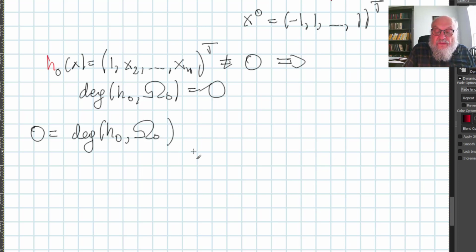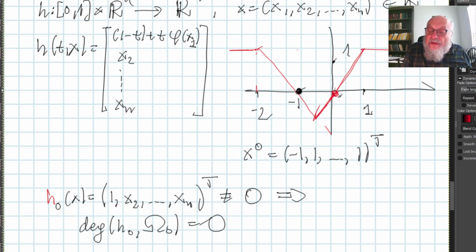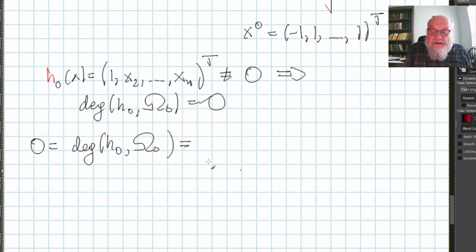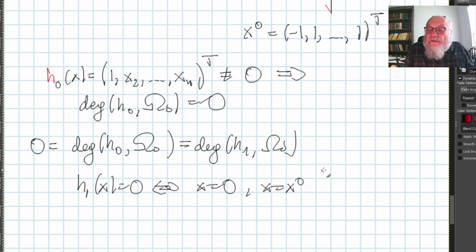So that one is equal to, and then I say, okay, but where are the zeros here? So here we have 2 zeros. So h1 of x is equal to 0 if and only if x is equal either to 0 or x is equal to x naught that is specified here.